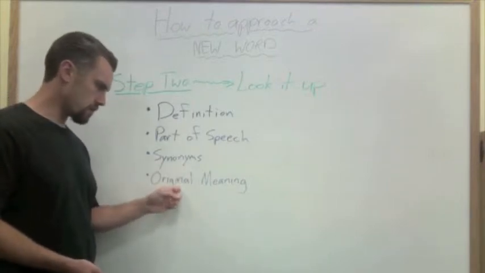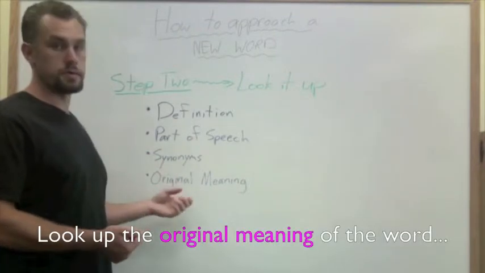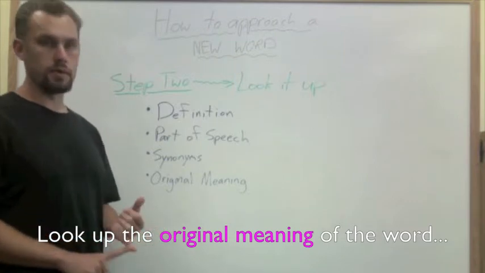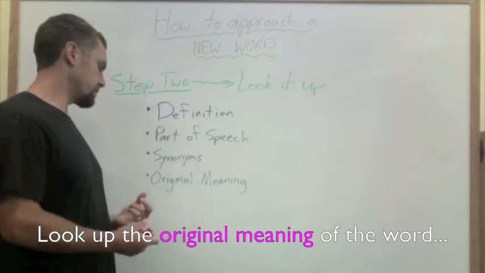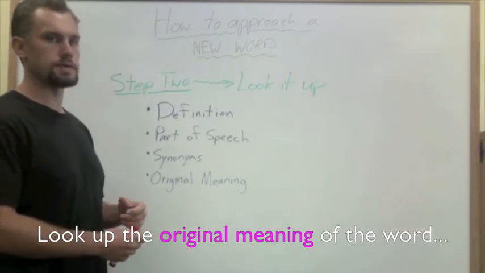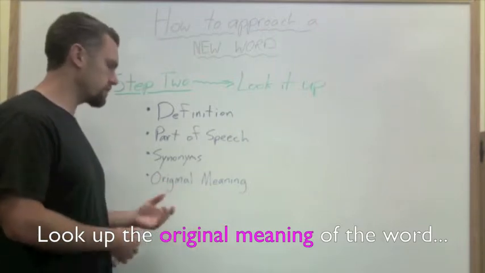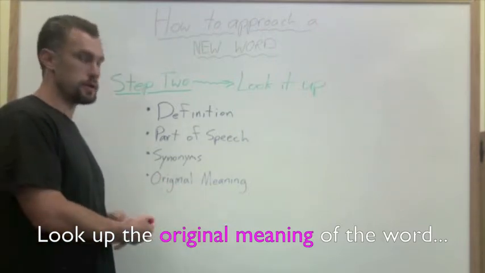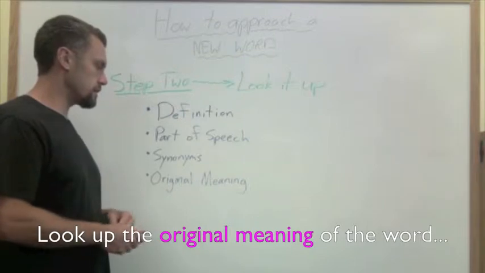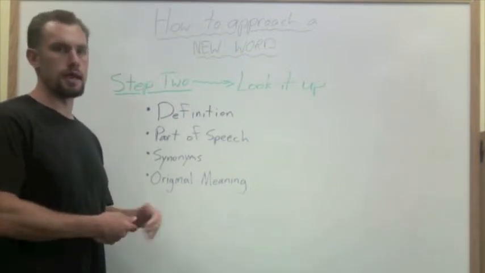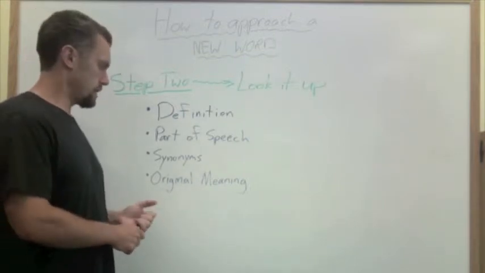Anyway, the last part would be to get the original meaning. So the word origins, what language did this come from? But that's not as important as looking at the actual original meaning. If you look in a dictionary, it'll often include the original meaning of the word in whatever language it came from.